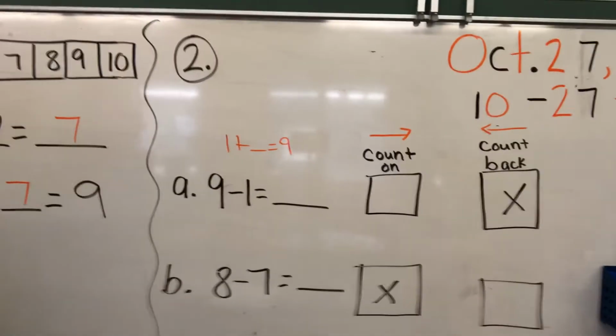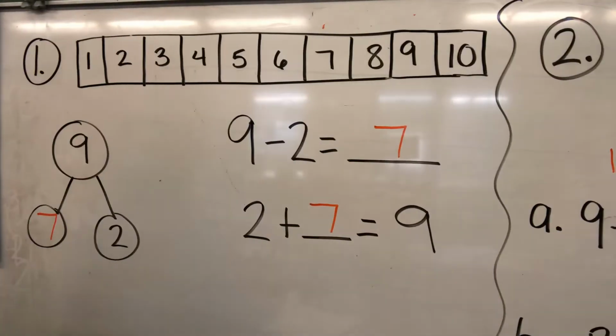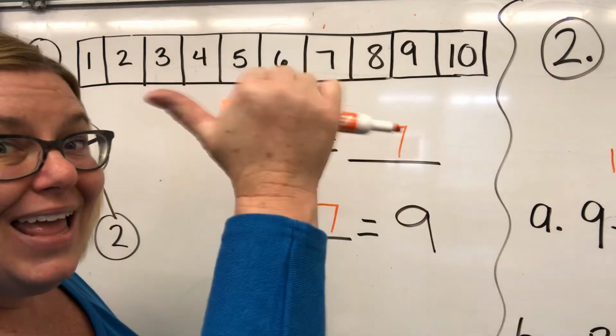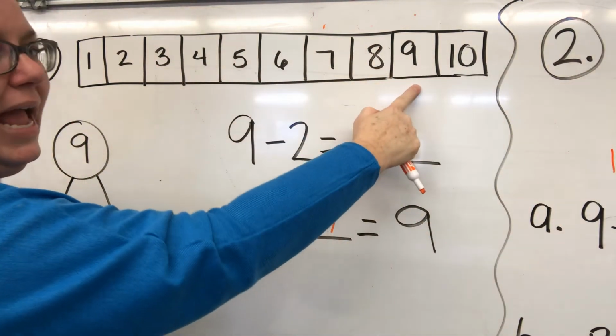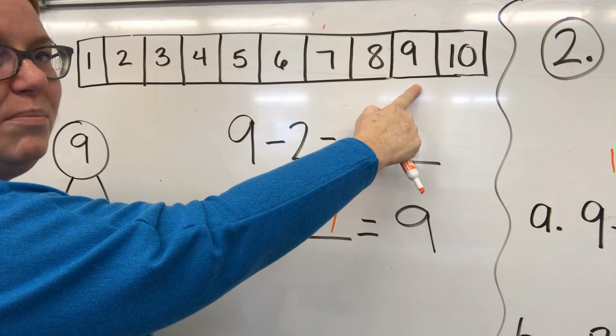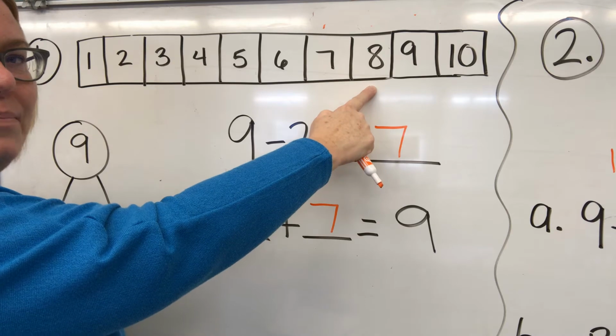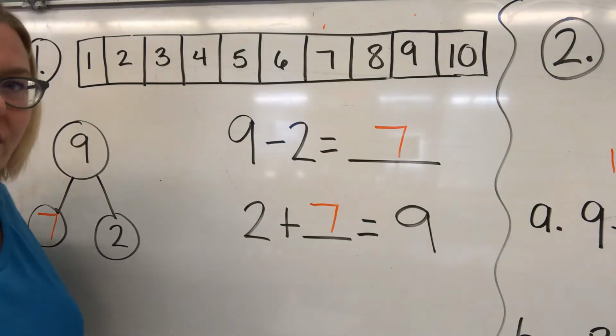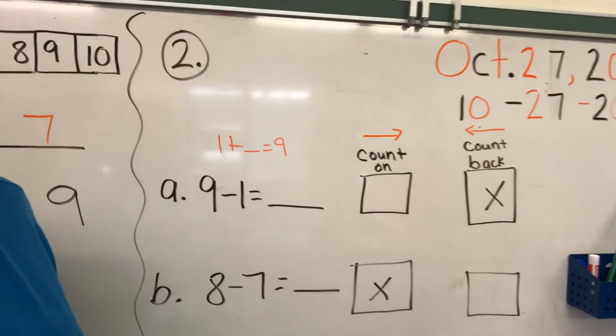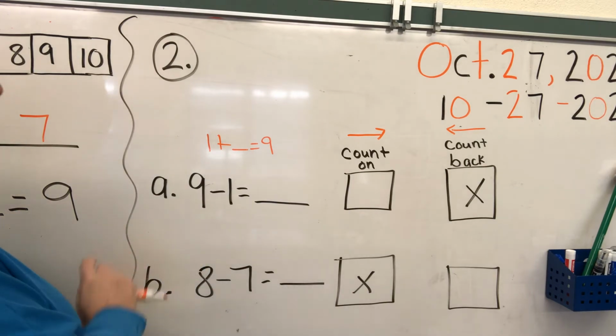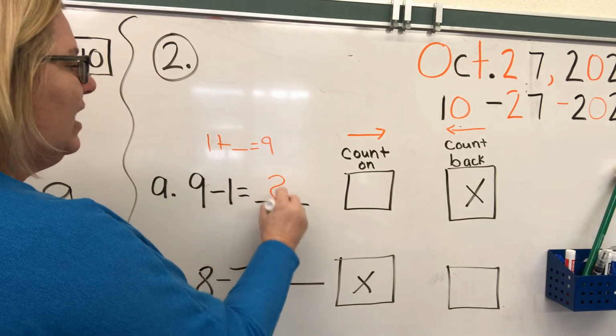Let's try it. Ready? Remember, the backwards is this way. So I'm going to start at my 9, go 1 bunny hop backwards, 1. Where do I end up? 8. Perfect. That means that 9 minus 1 equals 8.